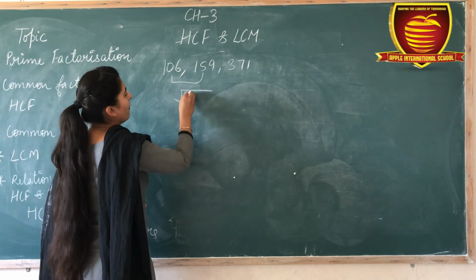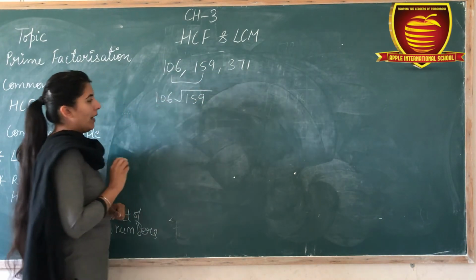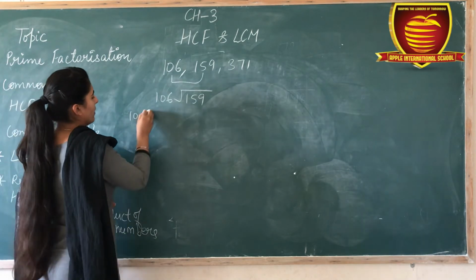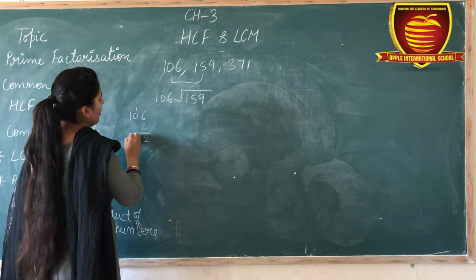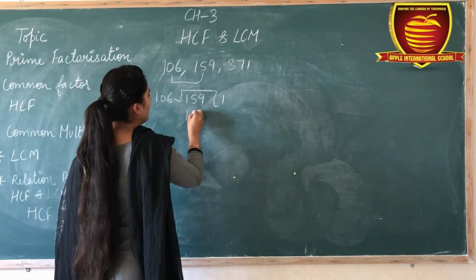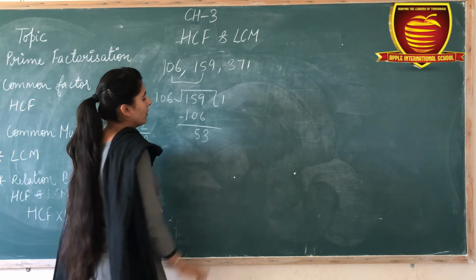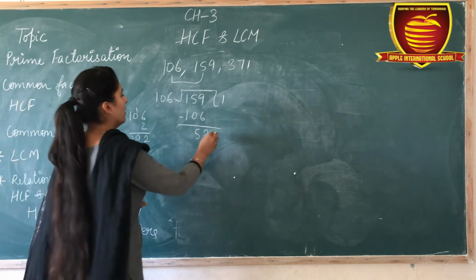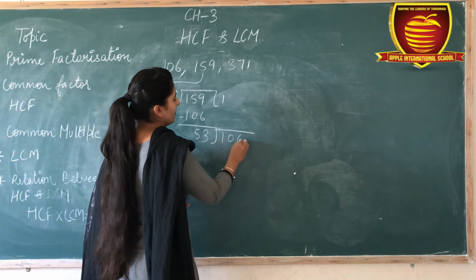2 terms by division method. 106. Okay, 106 2 6s are 12, 102, 202. So 1 at one side, 3 and 5. Now take this number here.